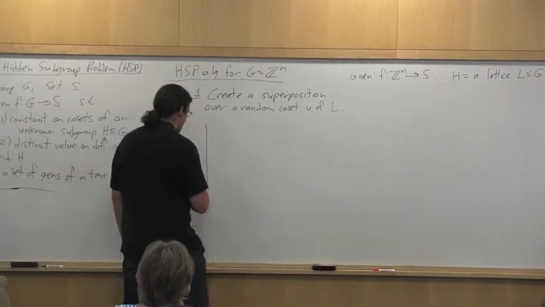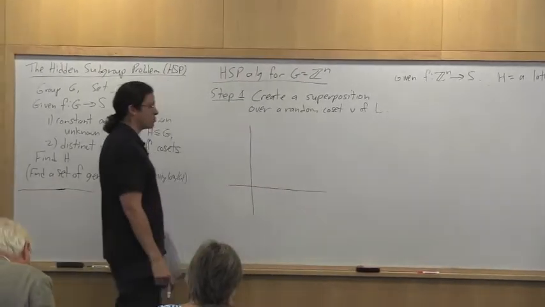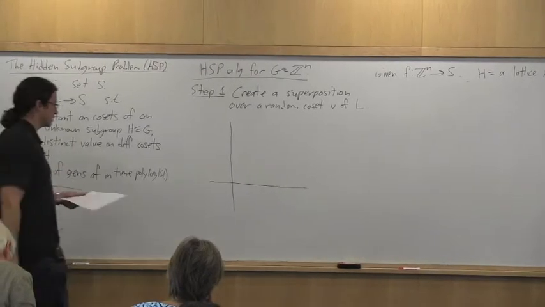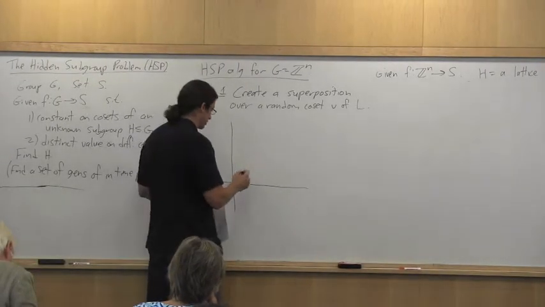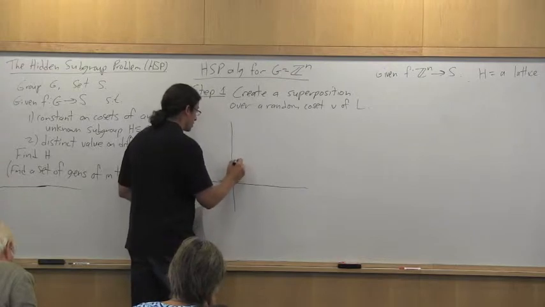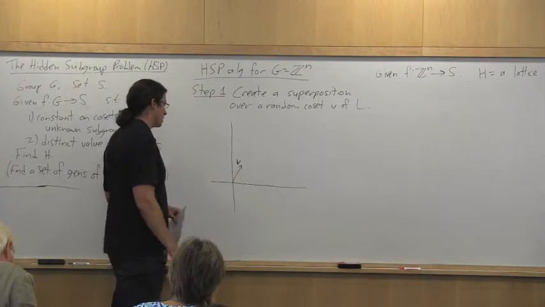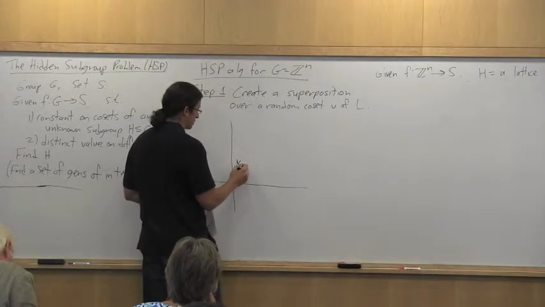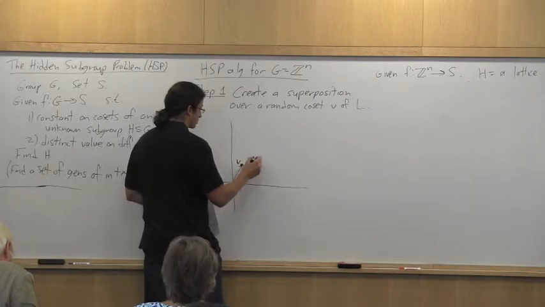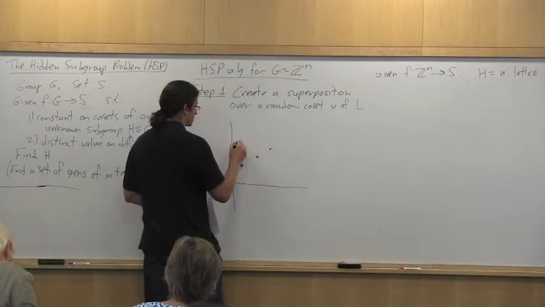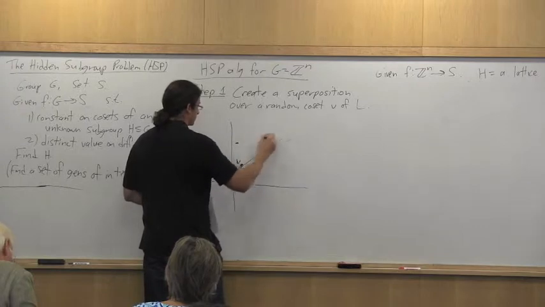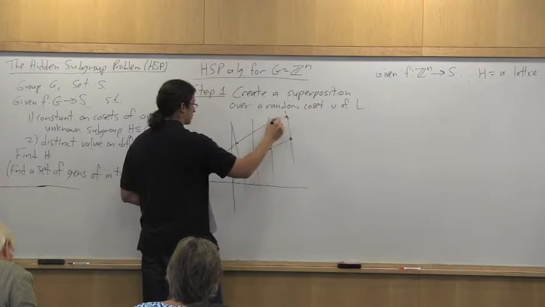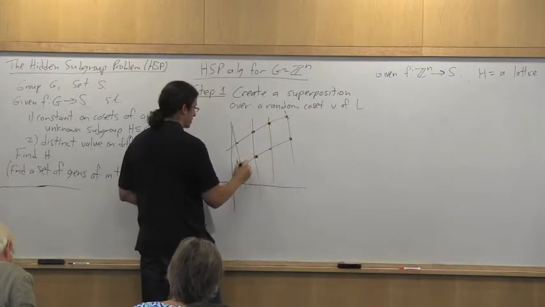A superposition is a complex valued vector, and it has norm 1. So we can just draw that vector down and think about it like that for now. We'll draw what the support of the superposition is. So there's this random vector v, and we're supported on this coset of L. So here's v, and then we need to draw the lattice points, whatever the lattice looks like. So our superposition is on these points here.